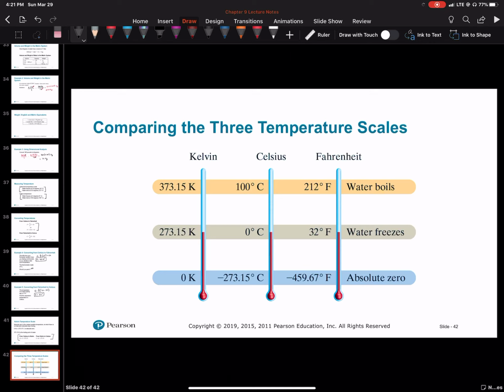At 0 Kelvin, we have negative 273.15 degrees Celsius, and then we have negative 459.67 degrees Fahrenheit, which is called absolute zero. Now, this is something you don't have to memorize, but it's always good to know. So if you see a thermometer, you won't read it wrong.